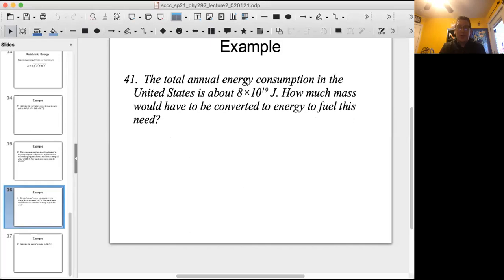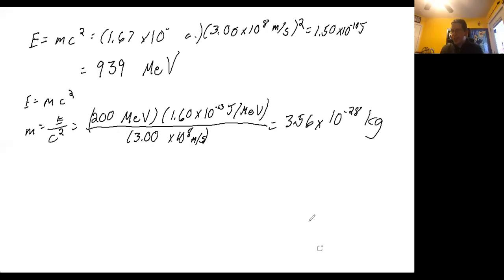And so, again, E is equal to mc squared. The fact that nuclear energy exists is more than enough proof that Einstein was onto something by saying that mass was stored energy. So again, the mass is equal to E over c squared.